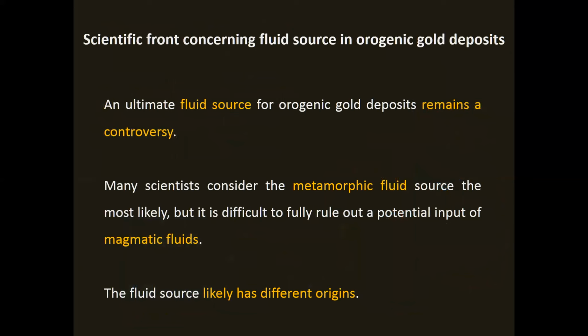There is a controversy. A bunch of scientists consider the metamorphic fluid to be the one and only, but there is another camp saying that magmatic fluids need to be considered as well. Sometimes we will probably have a mix of things. And in different deposits, the fluid source likely has different origins.